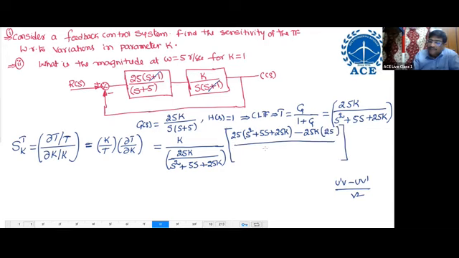Divided by (s square plus 5s plus 25k) whole square.